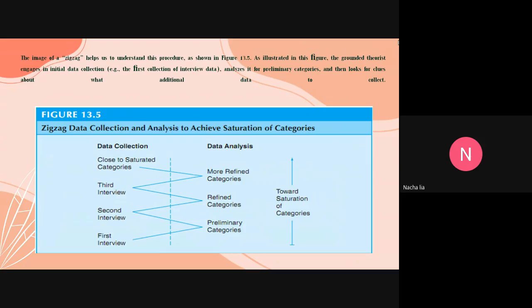As illustrated in this figure, the grounded theorist begins with initial data collection. The first collection or interview data is analyzed for preliminary categories, and then the researcher looks for clues about what additional data to collect.